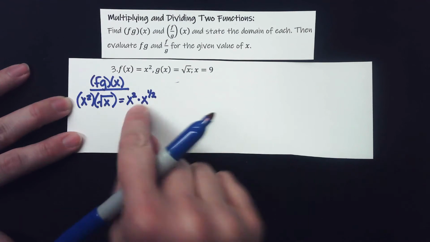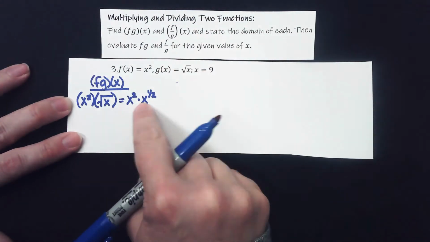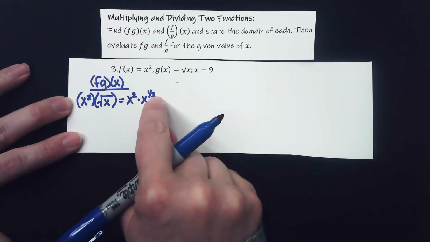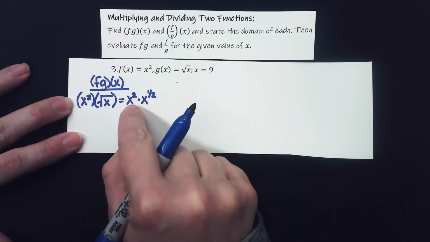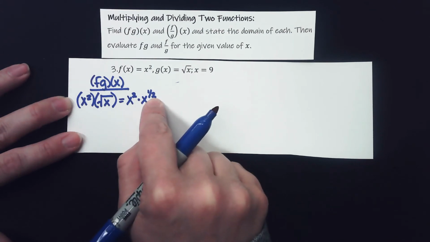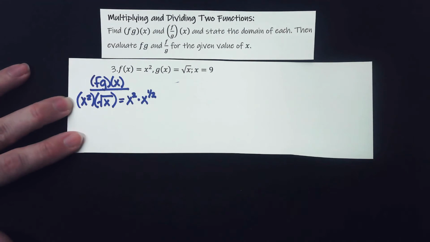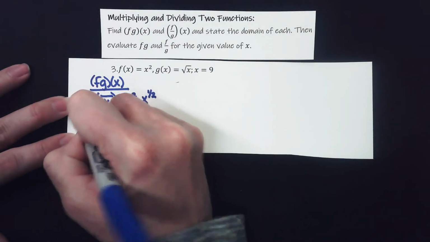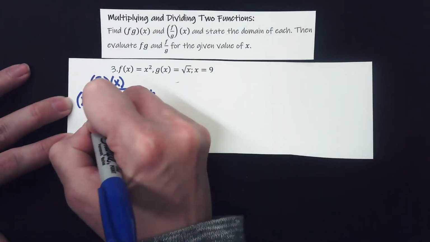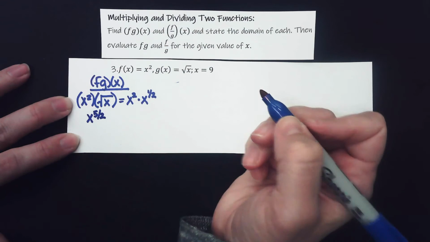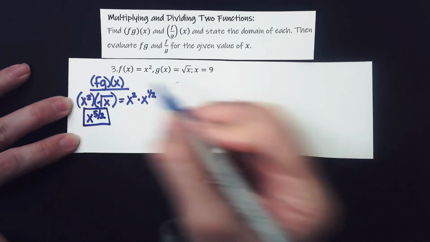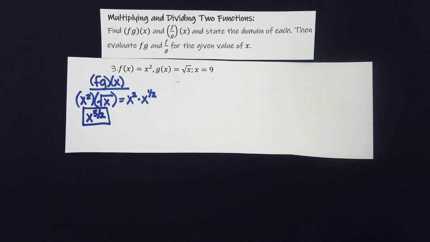And remember, the rule of exponents is when I am multiplying, I add their powers. So it's 2 plus 1/2, which gives us x to the 5/2 power. That's what I get when I multiply things together.